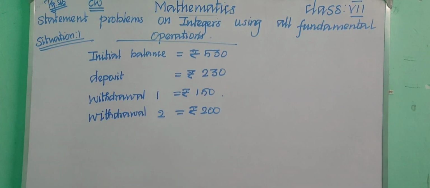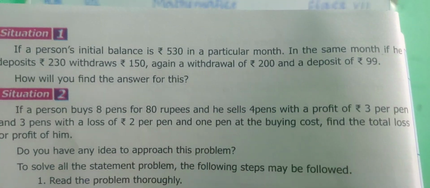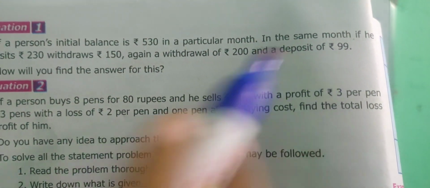So first of all, the initial balance is rupees 530 and the deposit is rupees 230. He deposited 230 and he withdraws 150 rupees. Again he withdraws 200 rupees. And a deposit of rupees 99. Again he is depositing rupees 99.